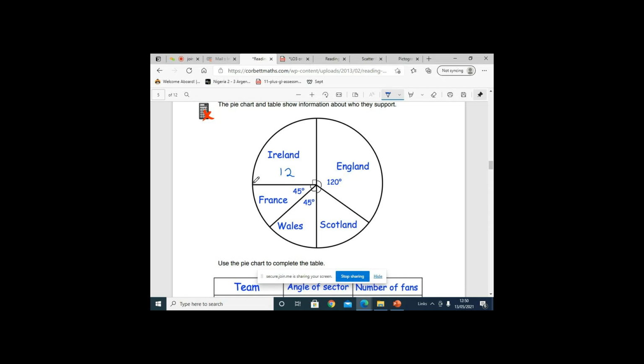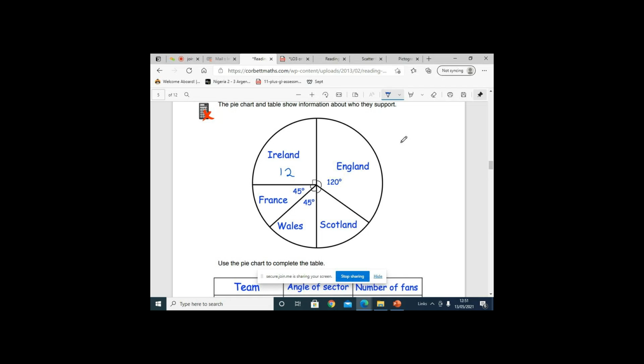If a quarter of a number is 12, what is that number?